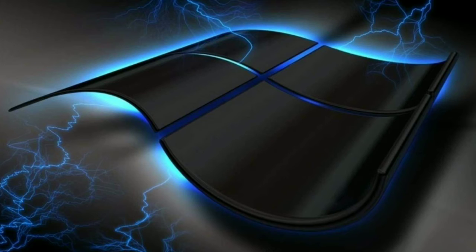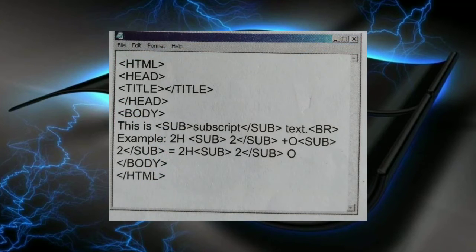Now the following window displays the HTML coding for subscript. Can you see? First, as usual, HTML to open HTML. Second, head. Third, title. Then close title tags. Close head tags. Open body tags. This is open SUB, subscript, close SUB, text.